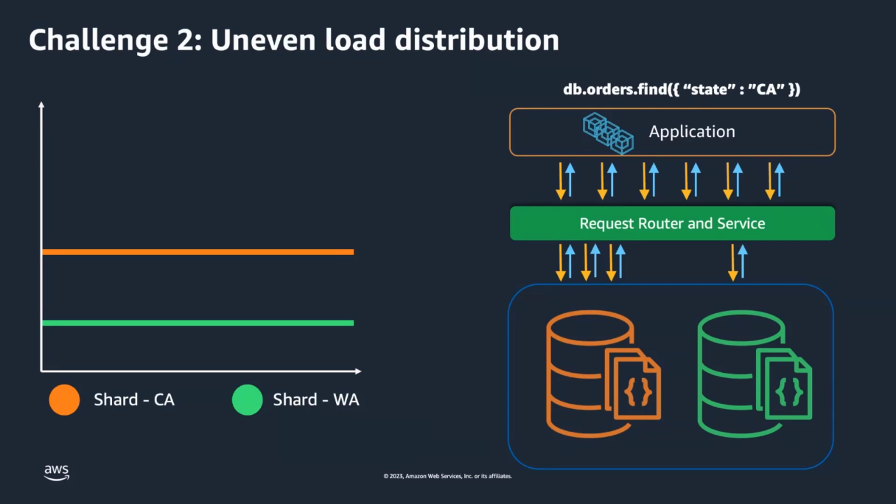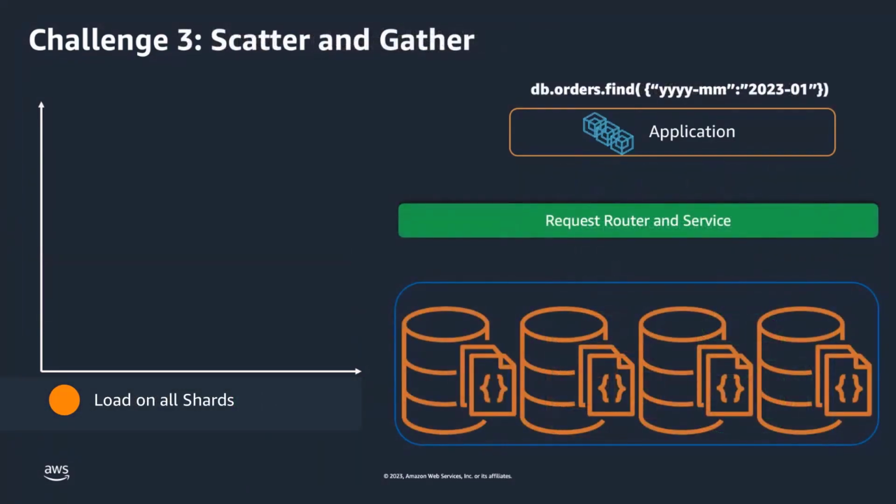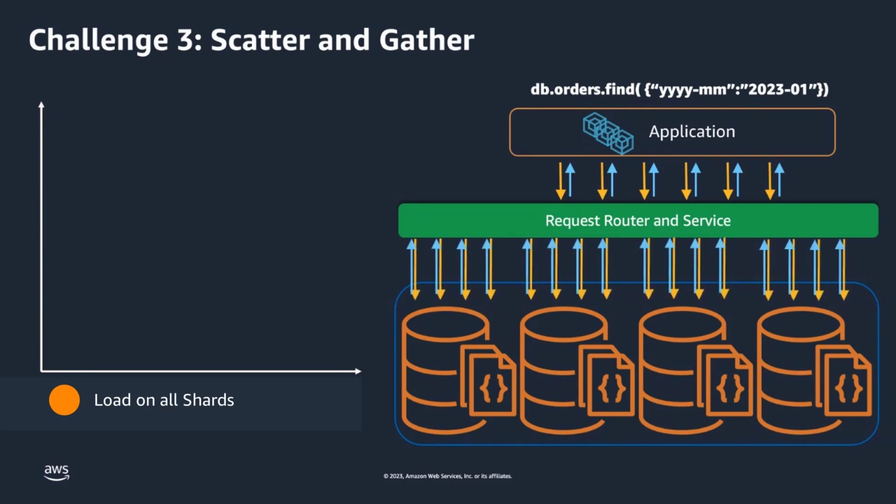Now let's look at the final challenge. Let's assume your queries do not contain the shard key. Therefore, they don't get routed to one particular shard, but to all shards present in your Elastic cluster. This is what's called a scatter and gather scenario. All your shards are overutilizing cluster resources to return query results.